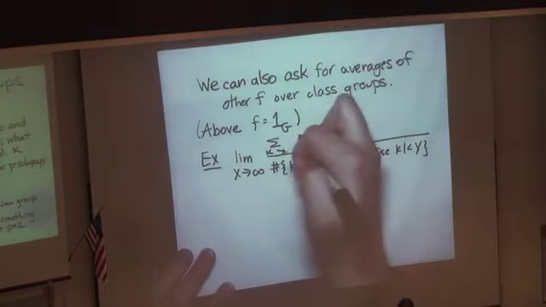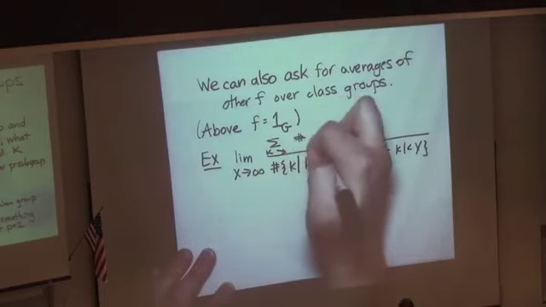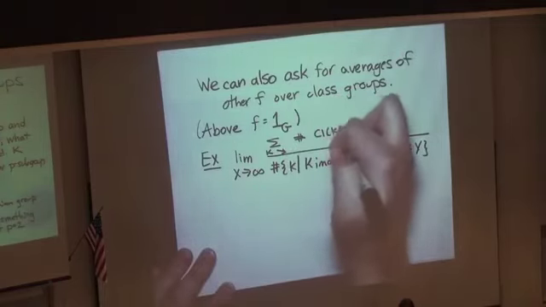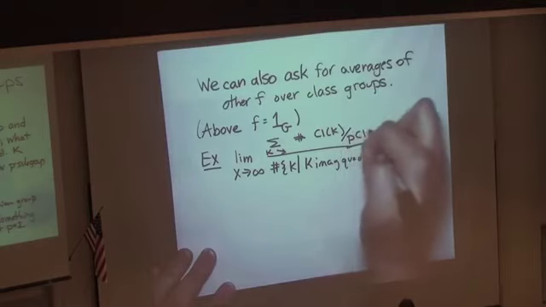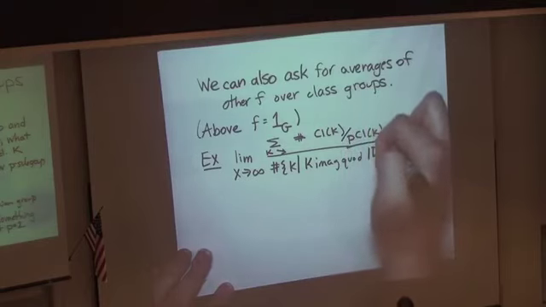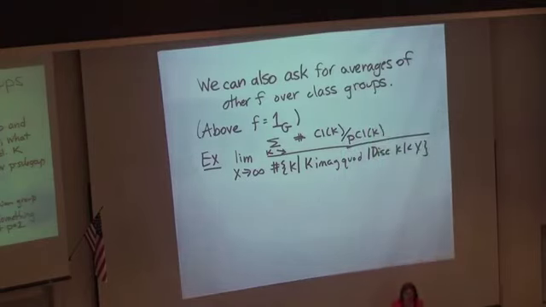What if I average the size of, say, the class group of K mod p? Okay, so what's the average size? So this question is, what is the limit, if it exists? Maybe it doesn't exist. What is the limit, if it exists, of the average size of the p part of the class group of a quadratic field?